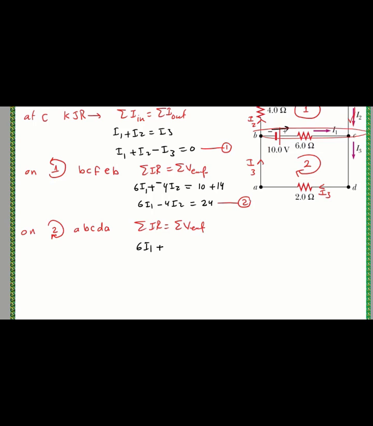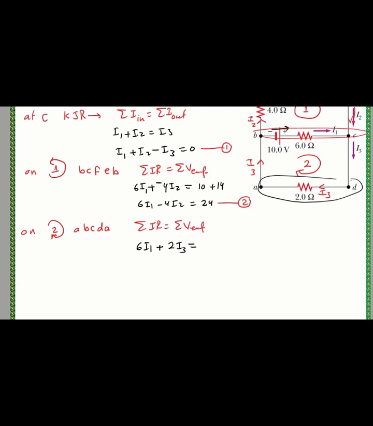From C to D, I have I3 with no resistance, but from D to A, I have a current I3 with the resistance 2, in the same direction of analyzing, so 2I3 with a positive sign.